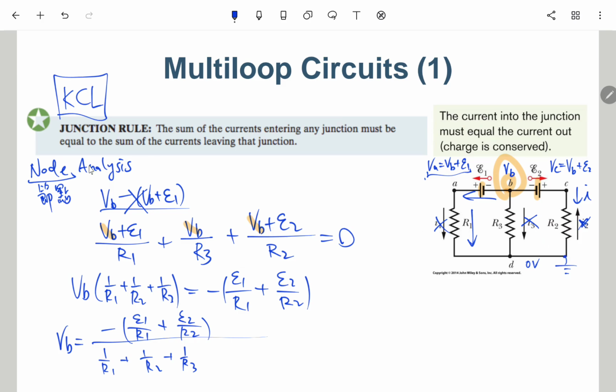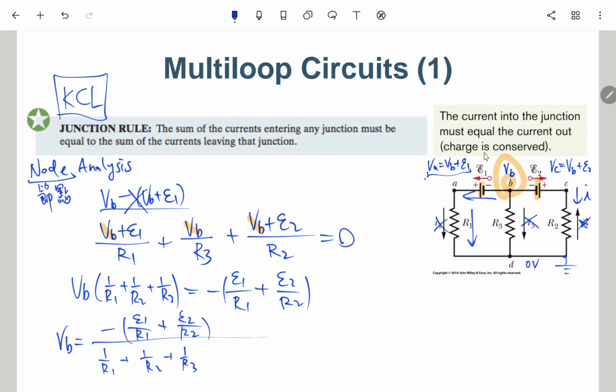So in that case, node analysis tells you that first we need to count how many variables we need. In this example, we only need one variable because VA, VB, VC are dependent on each other, so we only need VB. We choose node B and apply the KCL there, and then we have one equation with one unknown. Don't try to use VA and VC, because they are dependent.